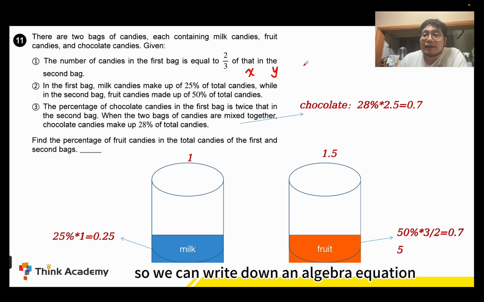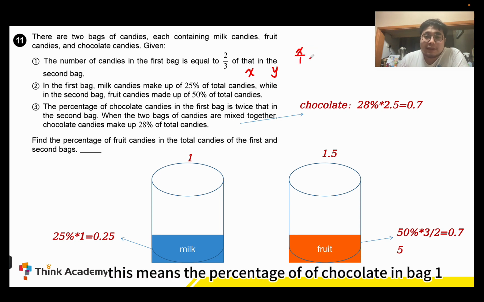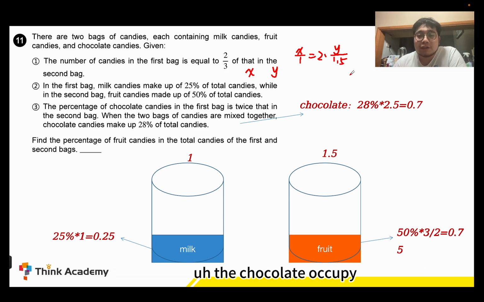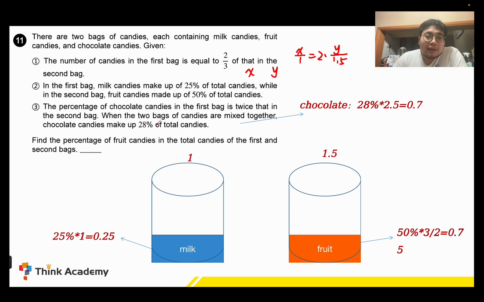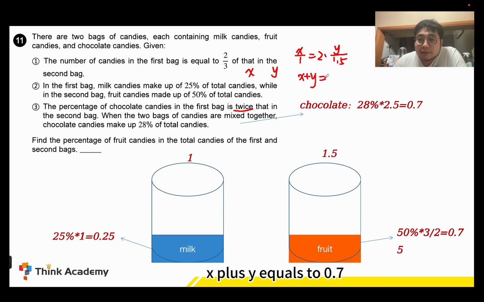So we can write down an algebraic equation: X over 1, the percentage of chocolate in bag 1, equals 2 times Y over 1.5. This means the percentage of chocolate in bag 2 times 2, the relationship, right? So twice that. Also we know X plus Y equals 0.7.